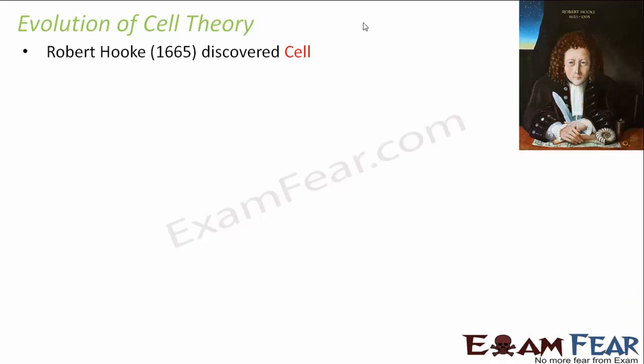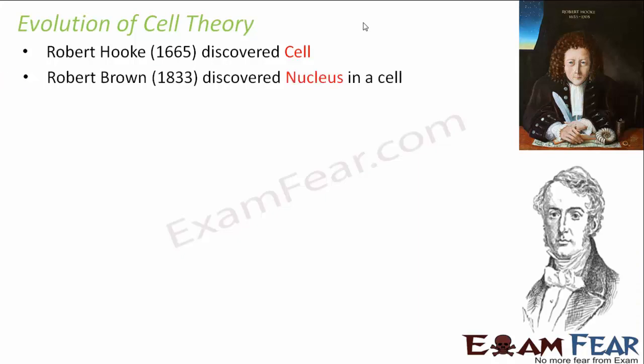As I mentioned, in 1665, Robert Hooke discovered the cell. Then somewhere around 1883, there was another scientist named Robert Brown who discovered the nucleus in a cell. You see the time gap, 1665 and then 1883, a long time gap, right? That means nothing got discovered very quickly, not at the spur of a moment.